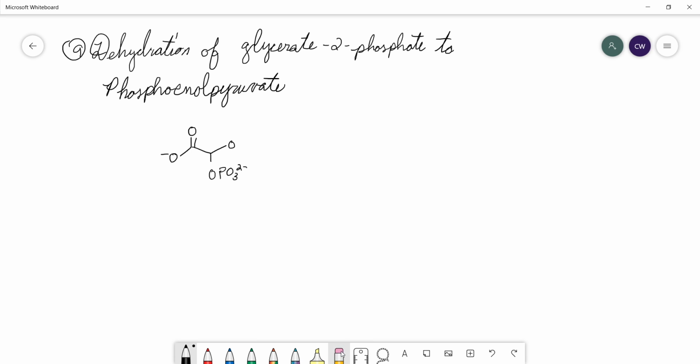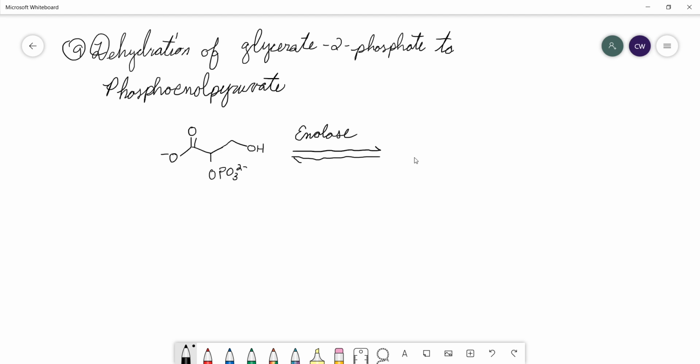So this conversion, this enol formation, is catalyzed by the enolase enzyme.